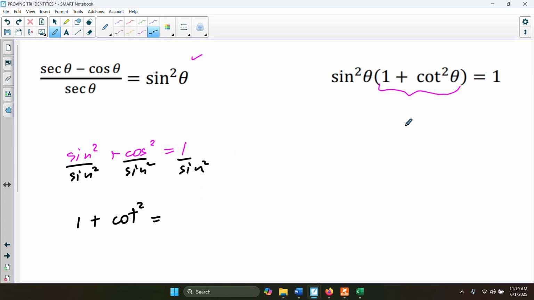So this really is 1 over sine squared. But what's in front of it? Sine squared. And of course, they cancel, leaving you with 1, and yes, we just verified that. So that was a pretty easy application of one of the Pythagorean identities.